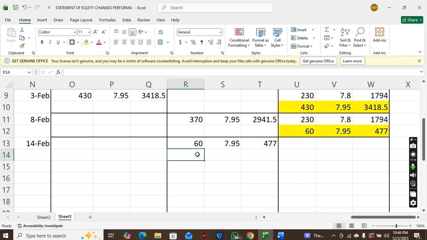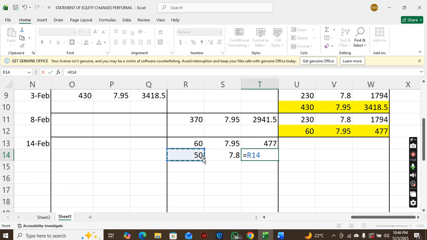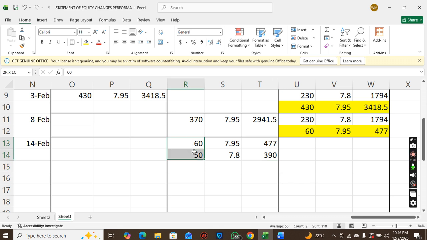So we're going to say 50 valued at 7.8. So 60 plus 50, a total of 110 issued.